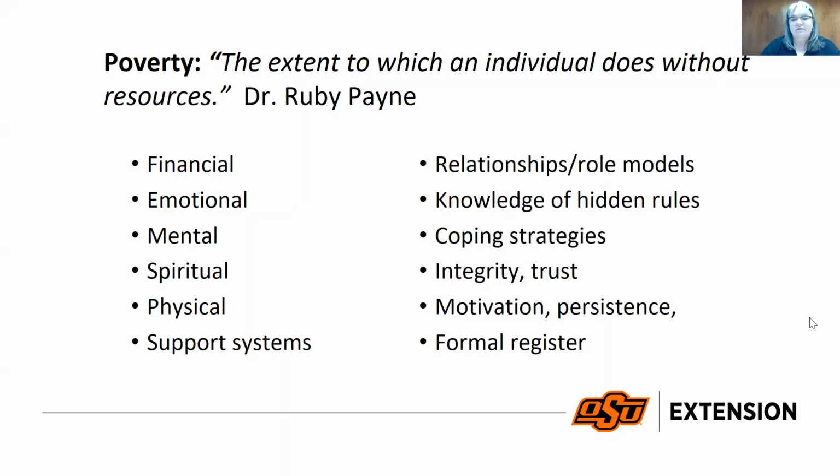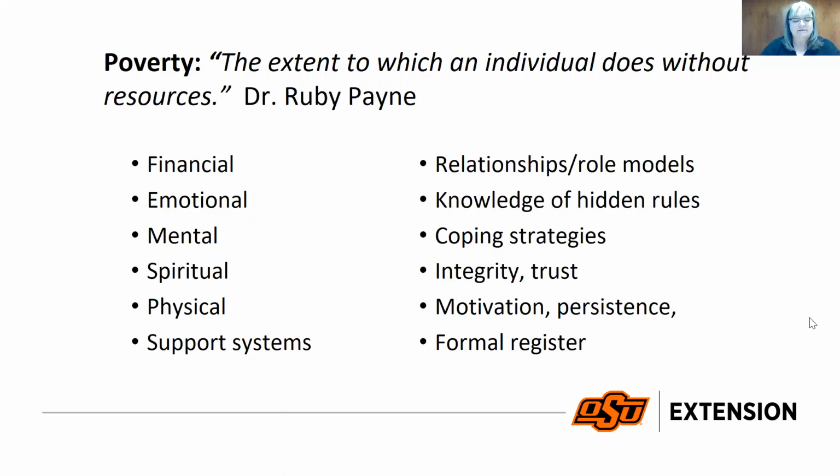Will I be safe with this person? And then motivation and persistence, having the energy and drive to prepare, plan, and complete something such as projects, jobs, and personal changes. And formal register, having the emotional control, vocabulary, language ability, and negotiation skills to succeed in school and work settings.